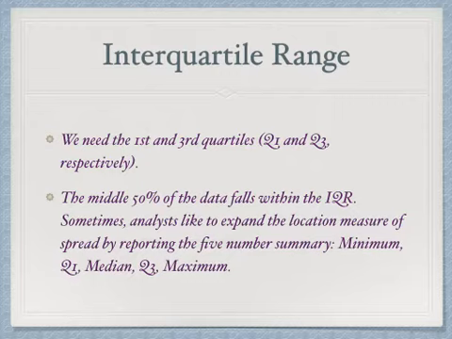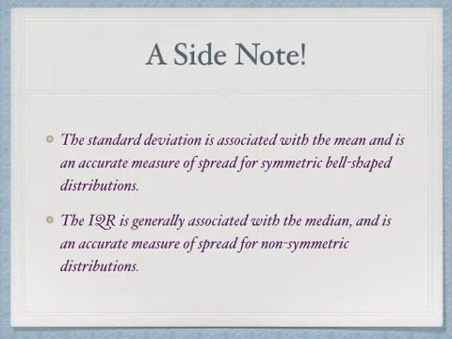This is more accurate to use to define the spread of the data when we have extreme outliers. So it's more associated with the median. That's kind of obvious since Q1 and Q3 are both medians of the lower and upper half of our actual true median.